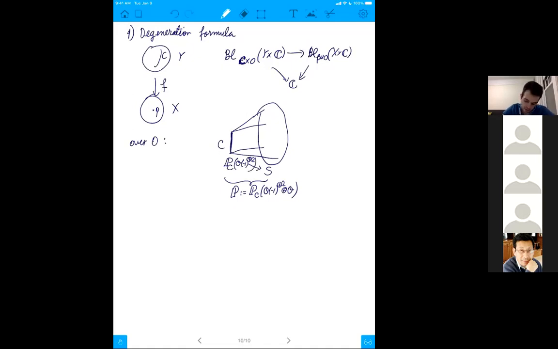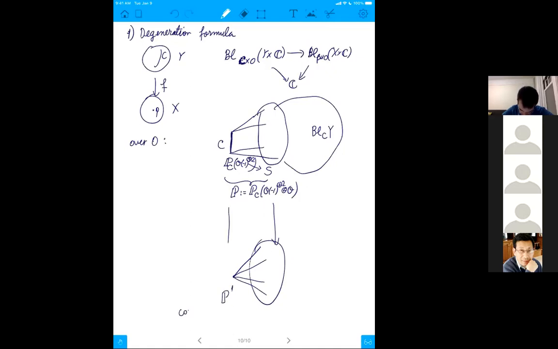And the other component is the blow-up. Okay, so let's see what are the two components. So once again, there are two components. One is this P, which is a toric component that intersects the blow-up of Y along C along a smooth divisor S. And X will also have two components. Corresponding to the normal cone, it will have this component. So this is, I'll denote this by P prime, and this map by g.